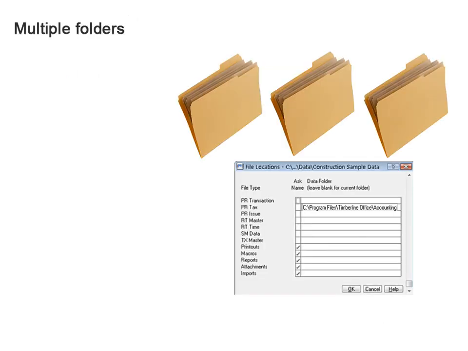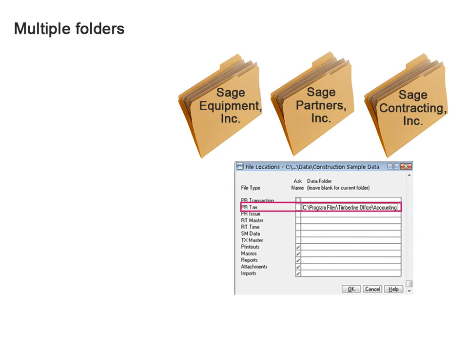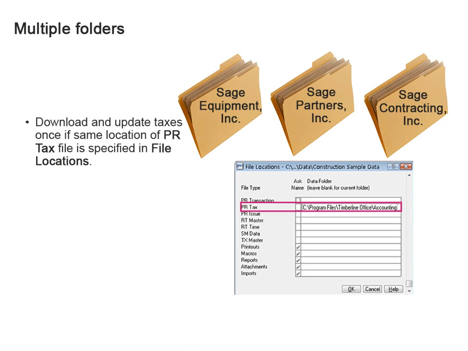Gina, we have a few different databases set up and we process payroll in each folder. How do I make sure the Update Taxes are installed for all the databases? If you specified a central location for the payroll tax files in file locations for each of your companies, then you only need to download and update taxes once from any data folder. The new taxes will be applied to all of your companies.